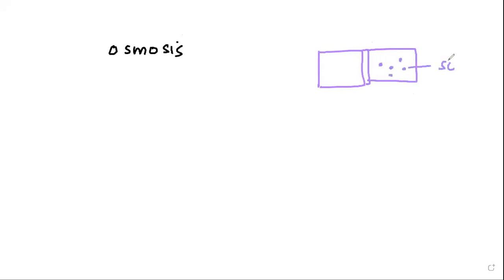Okay, so I'm doing a quick recap on osmosis. Osmosis is basically when there is, you know, okay. Suppose if these are solute particles, I'm labeling it, and I'm going to draw water in blue, right?